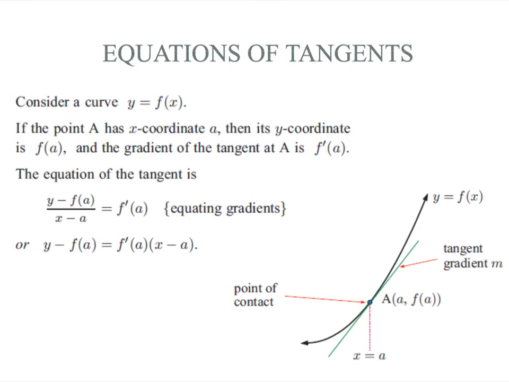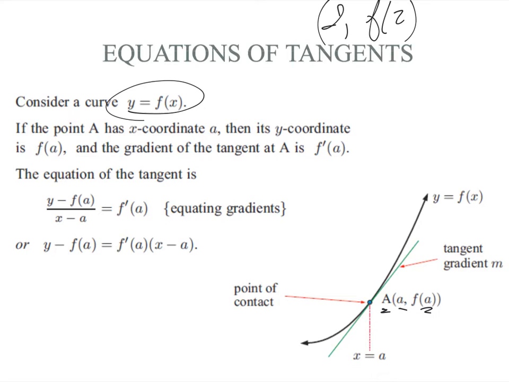Okay, so equations of tangents. If we have a curve y equals f of x, if the point A, here's our A, has the x-coordinate of A, then its y-coordinate is f of A, just like we did before. If we have that A is 2, then the y-coordinate would be f of 2.